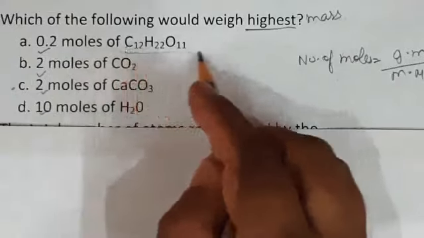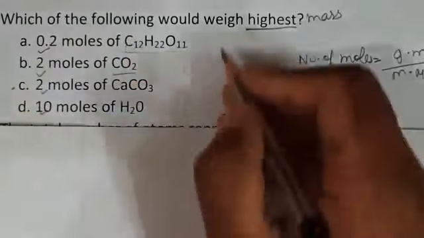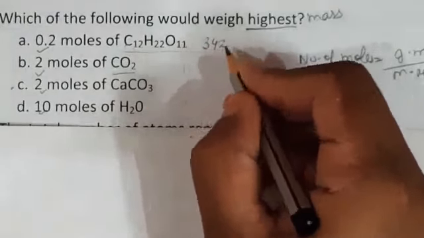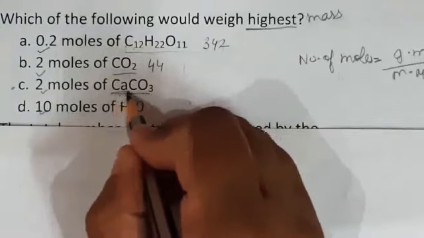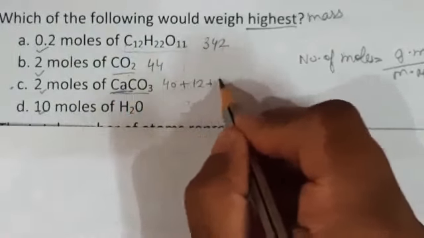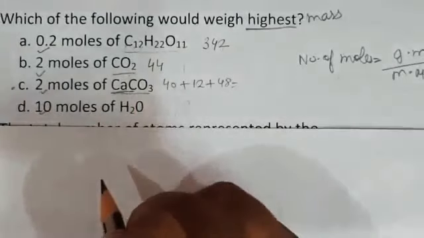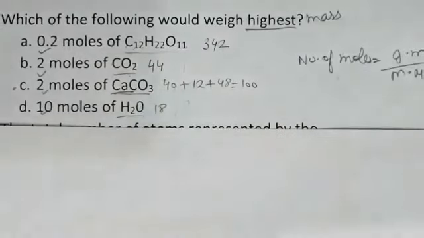Molar mass, calculate for each and every one. For C12H22O11, you calculated right now, that was 342. For CO2, it will be 44. For calcium carbonate, it will be 40 plus 12 plus 48, which is almost equal to 100. And for water, it is 18.